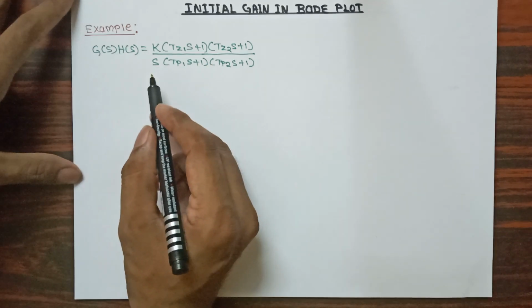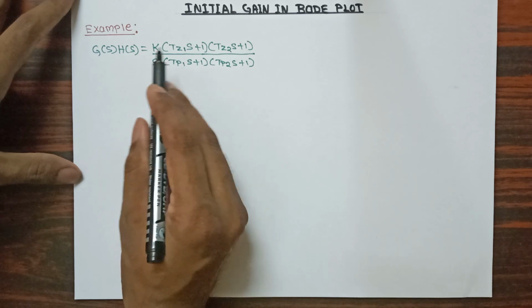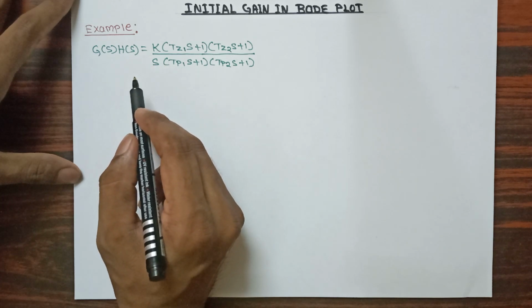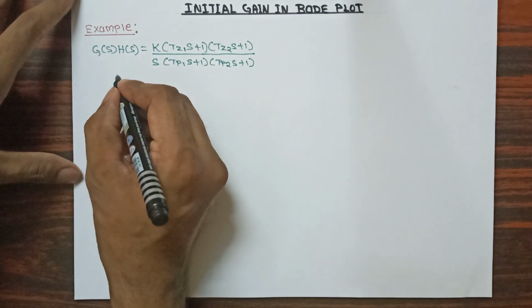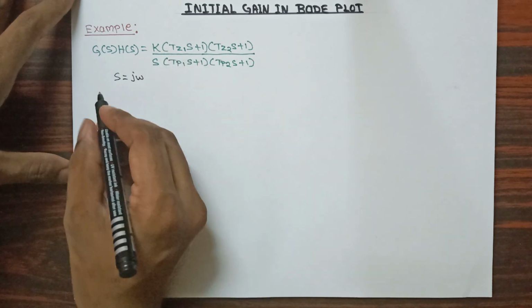Now, to calculate the initial gain, the first step is to get the standard form, and then we need to substitute s equal to j omega. So here we are going to substitute s equal to j omega in the above transfer function.